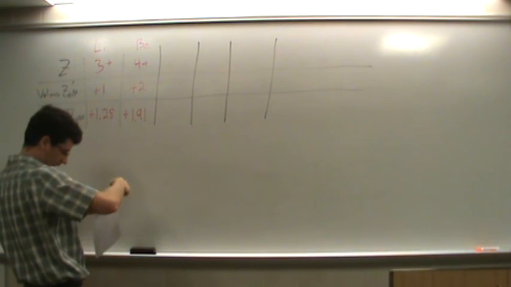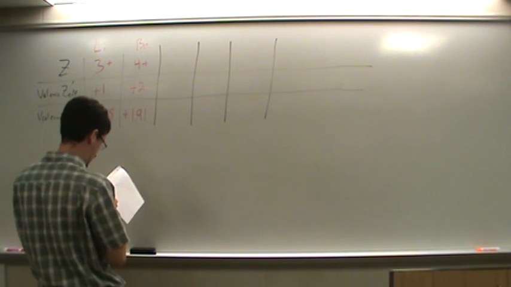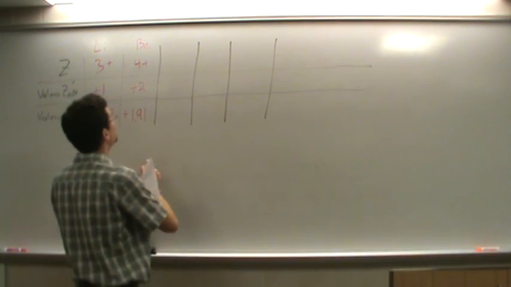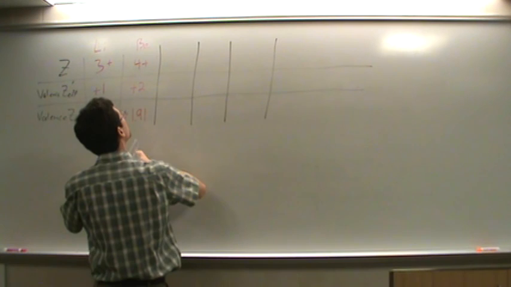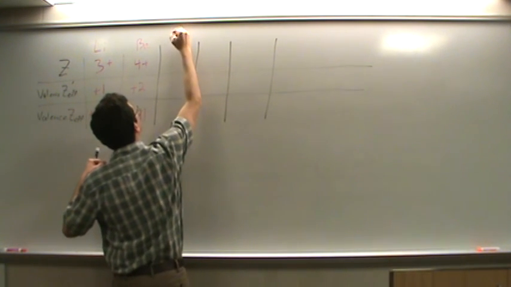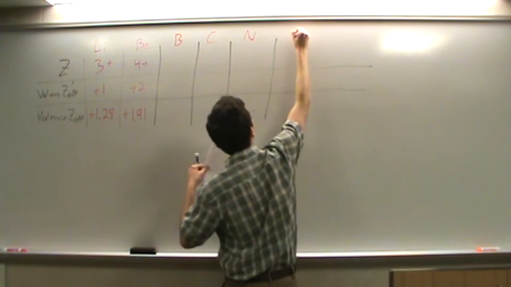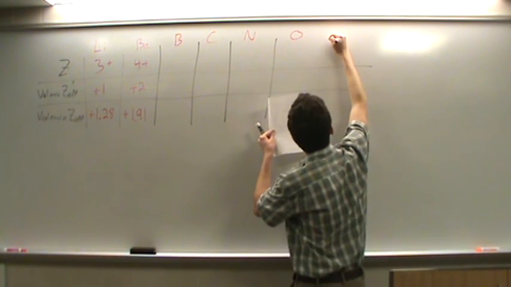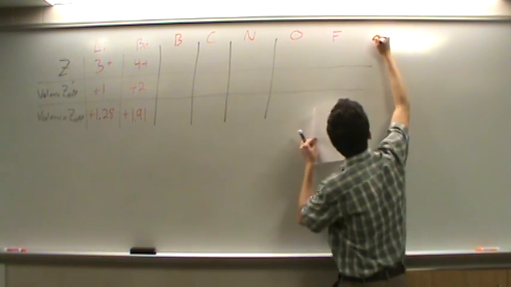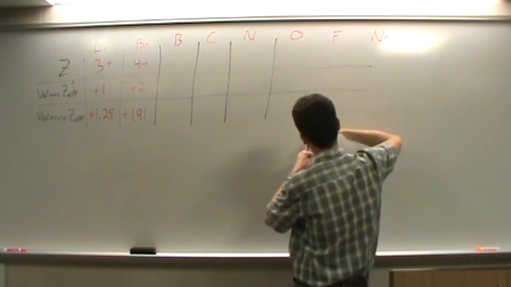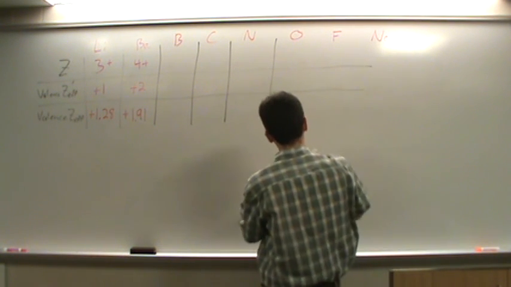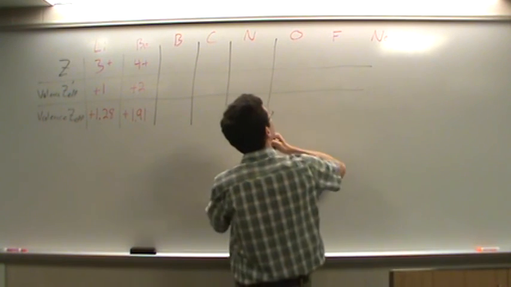All right, we then have boron, carbon, nitrogen, oxygen, fluorine, and then we'll do neon over here. So we need a few more divisions.